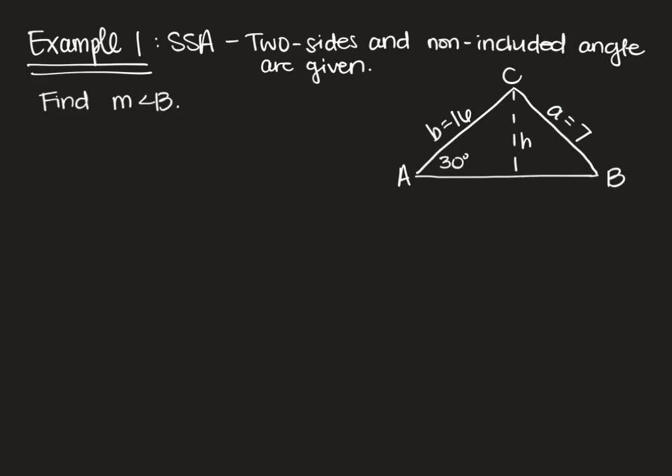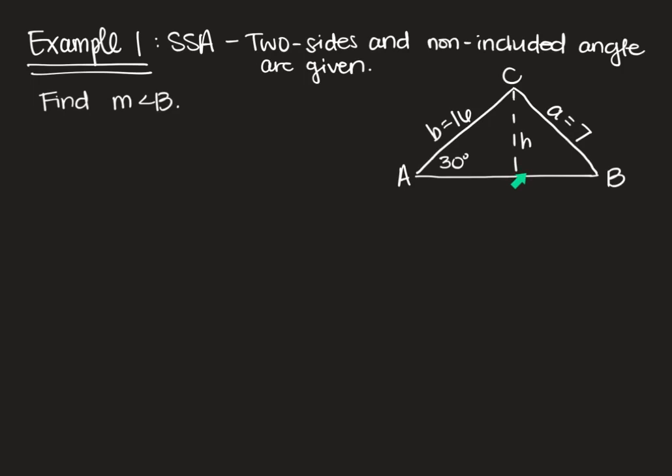So remember, it really matters how these different sides compare, side B and side A. Obviously, side A is smaller than side B, but for a triangle to exist, side A is going to have to be longer than, or at least equal to, the height of the triangle.